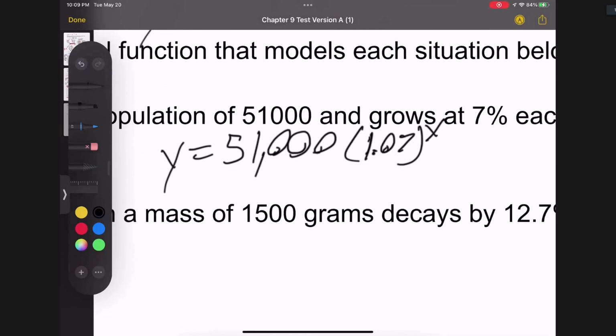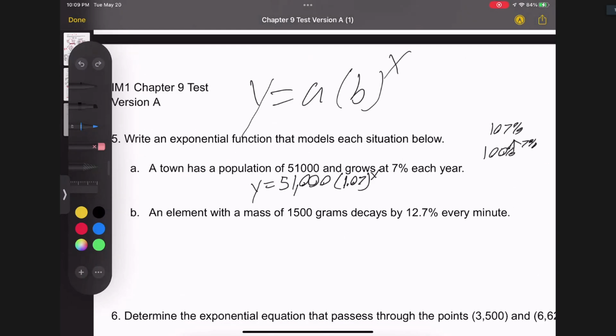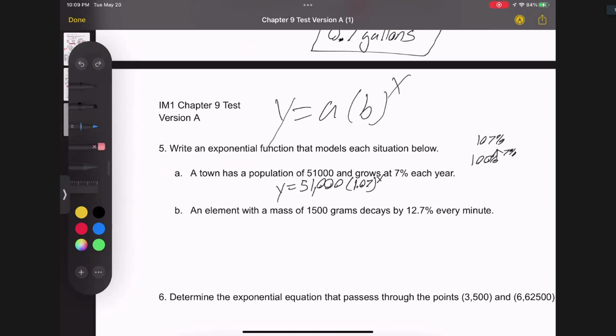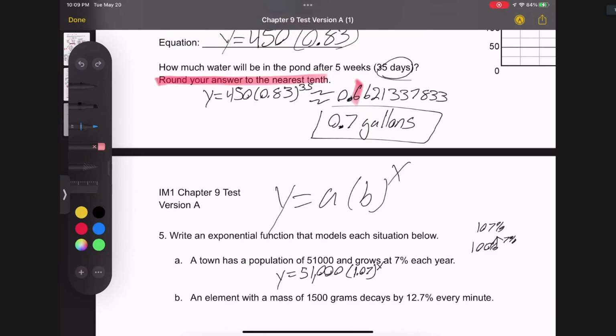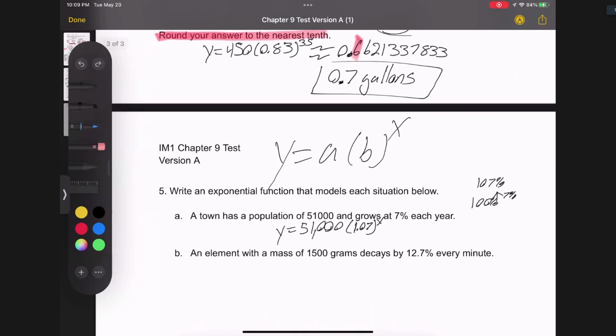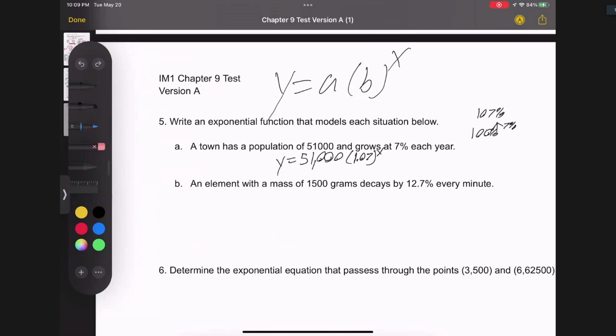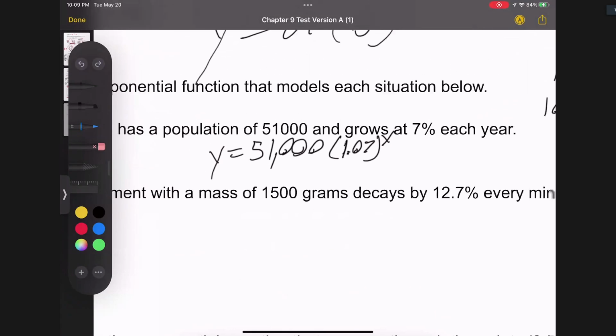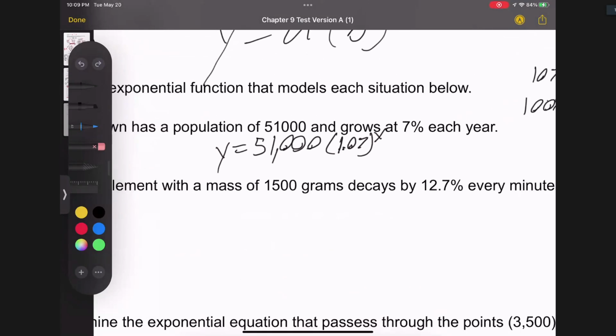So if you just had this part, you lost points. Please, it even says it in the problem, write the actual exponential equation. Make sure that you are actually writing the equation. Do not just write down an expression. If you just write down the expression, it is technically not a correct answer.